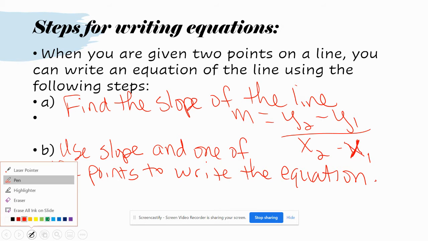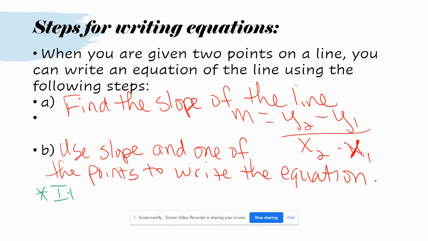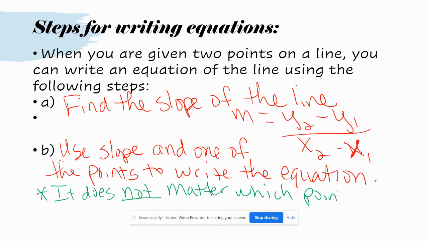The key here is it does not matter which point or ordered pair you pick. It does not matter, because as we work through this, we're going to start taking this point slope form and changing it to other formats, and it all works out to be the same in the end.